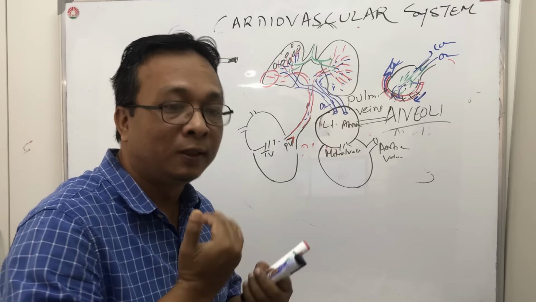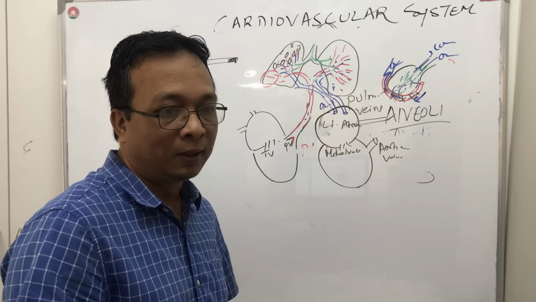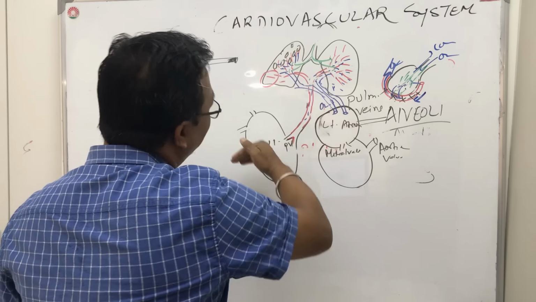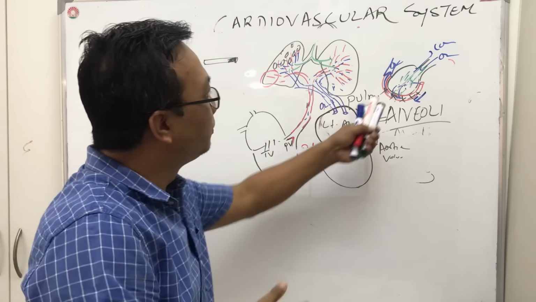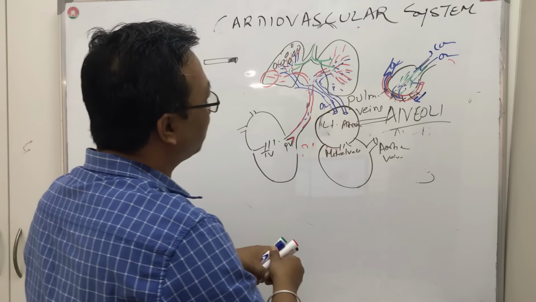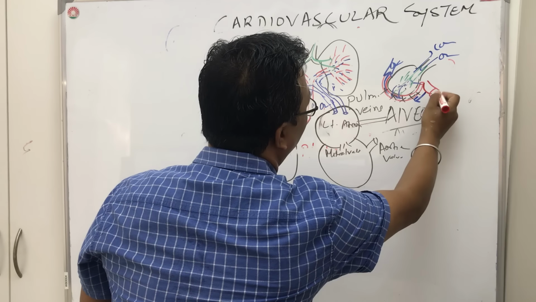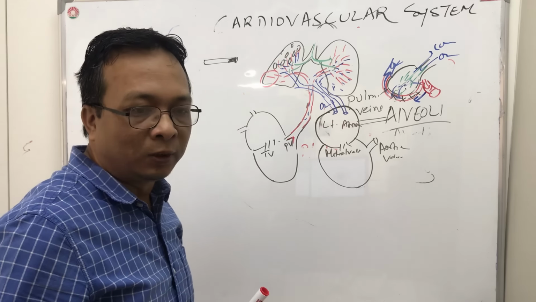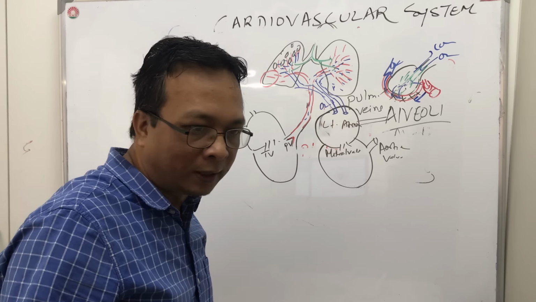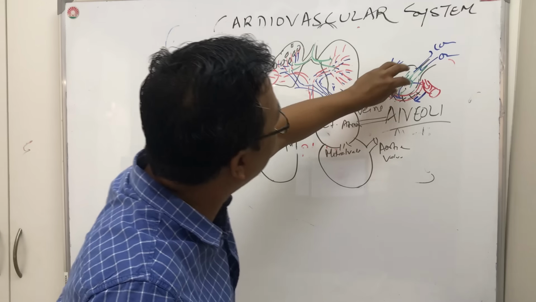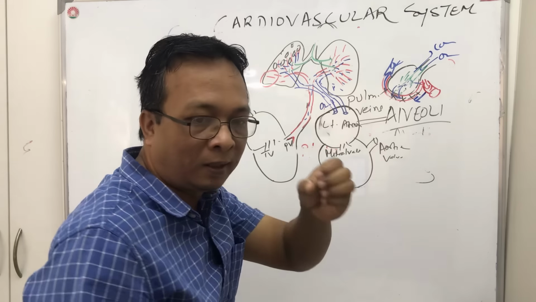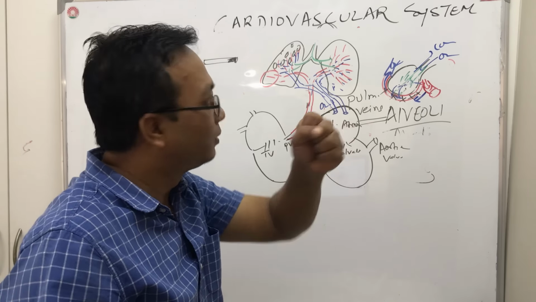That is our body's natural mechanism: instead of putting the blood to this diseased part, it diverts the blood to the other side, like it makes a detour. The blood which is supposed to come here will be diverted to the other side. I hope you are getting my point. So whenever any alveoli is damaged, the blood vessels surrounding it are closed.